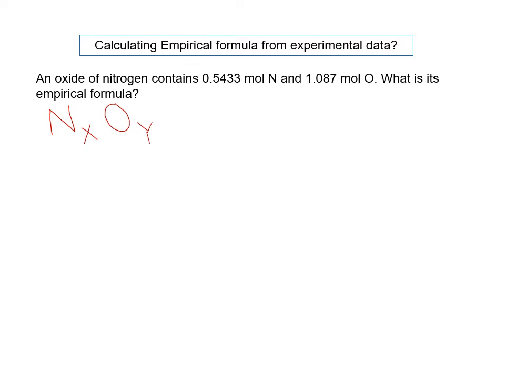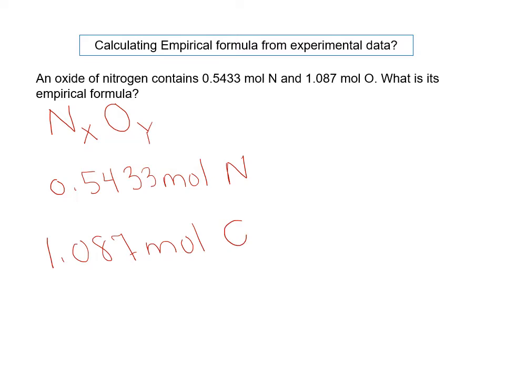Remember that in order to find the empirical formula, x and y are whole number ratios of each other. And they're actually mole ratios of each other. So what we would do is we take our 0.5433 moles of nitrogen and our 1.087 moles of oxygen, and we determine what that mole ratio is.